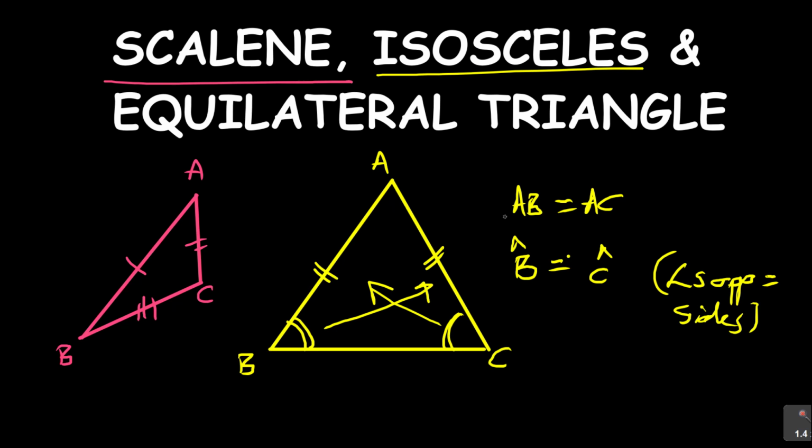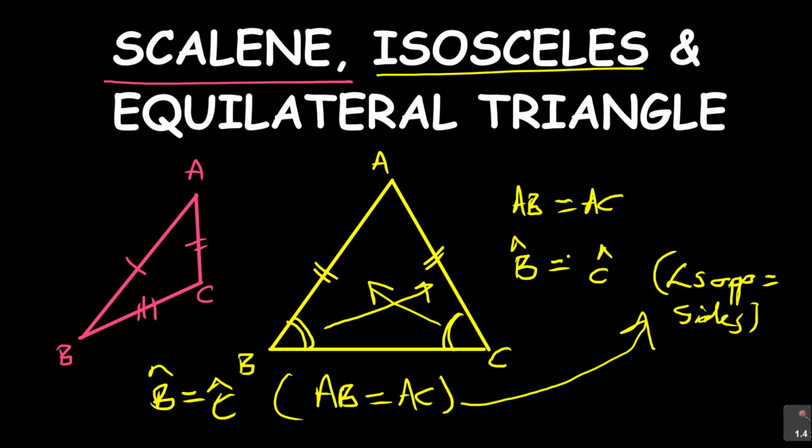So when you're writing it, you are going to say angle B is equal to angle C. Now, reason being, AB is equal to AC and angles opposite equal sides.